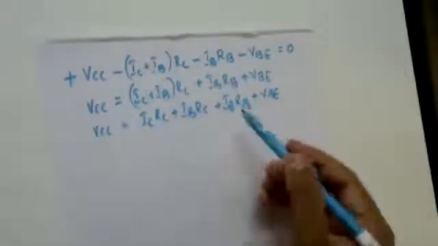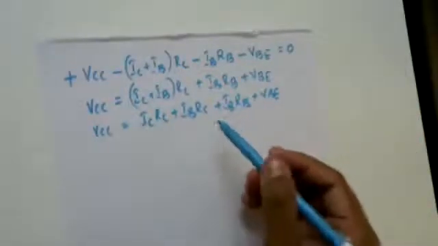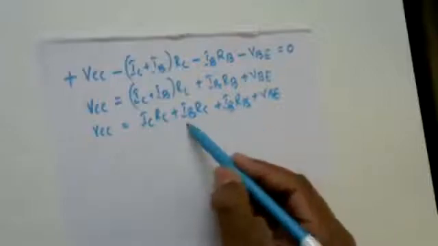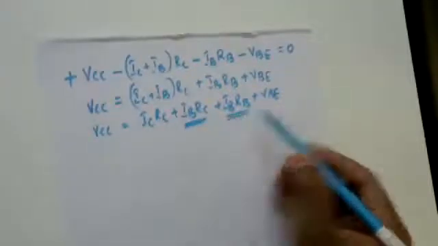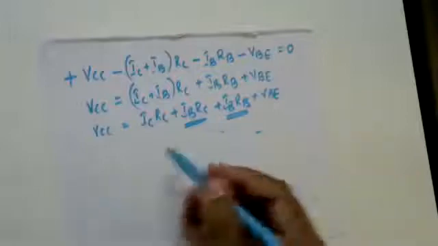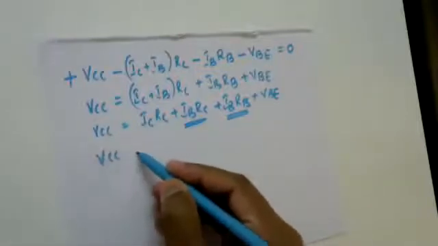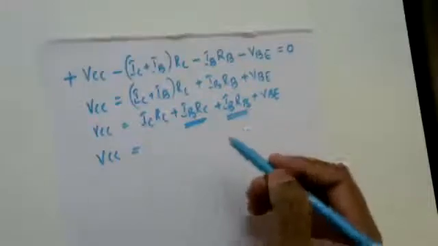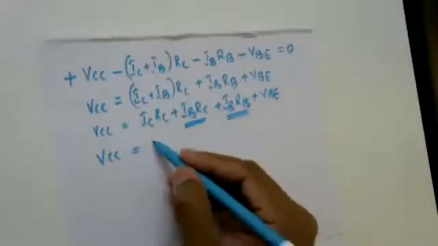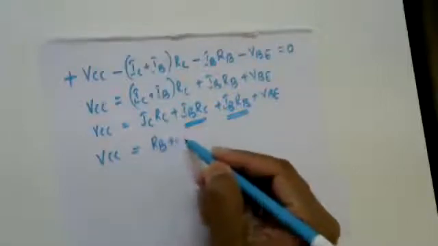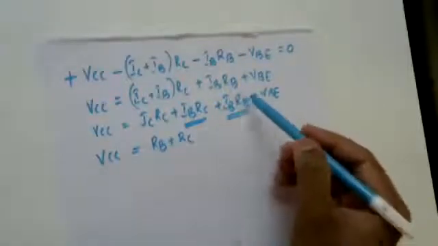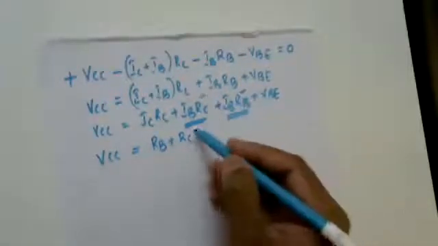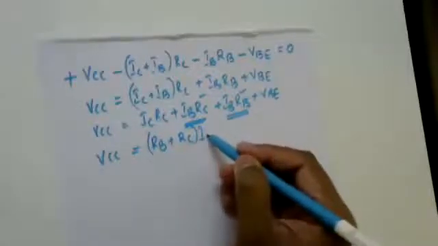Okay. Now you can see here, my term IB here as well as here is common. So I can write this as VCC is equal to, if I take IB common, what will I be getting? I'll get the equation as (RB plus RC) into IB.